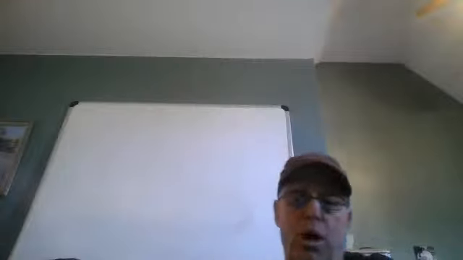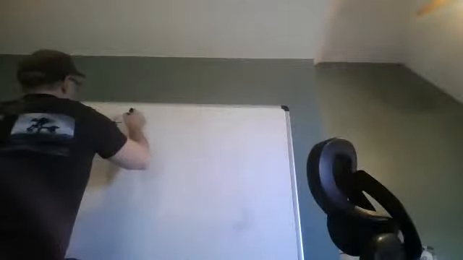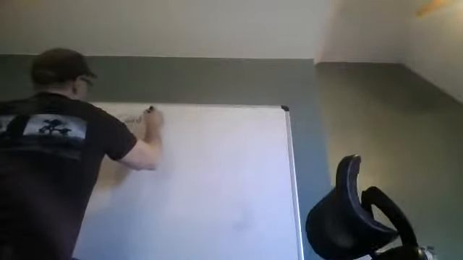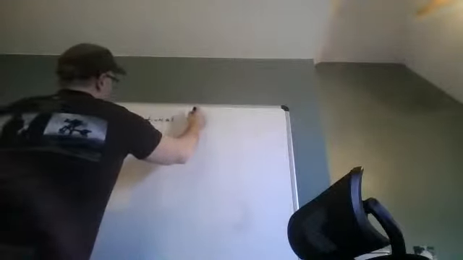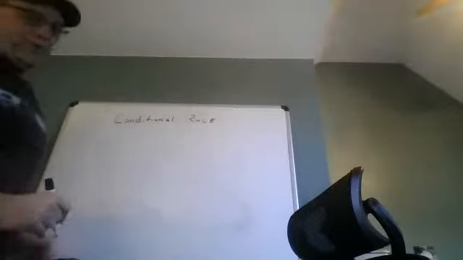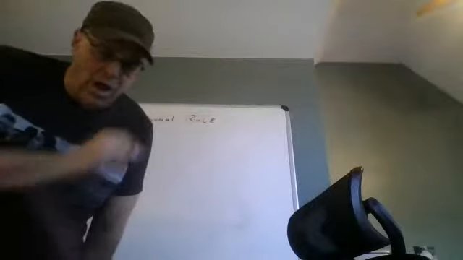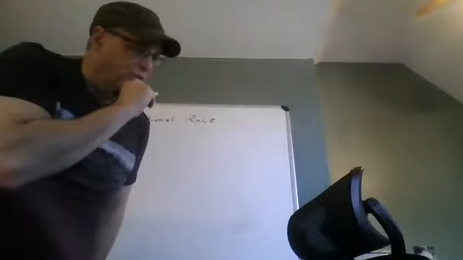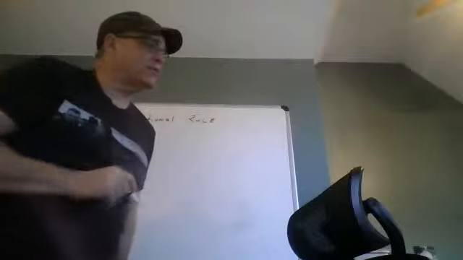Okay, we want to move ahead today with a new probability rule, and it is called the conditional probability rule. We'll just call it the conditional rule. So far, when we have talked about a probability, we were talking about the entire population.